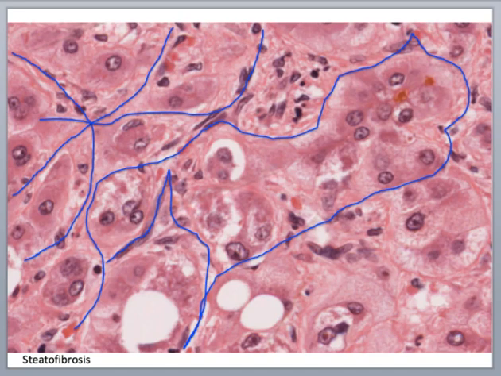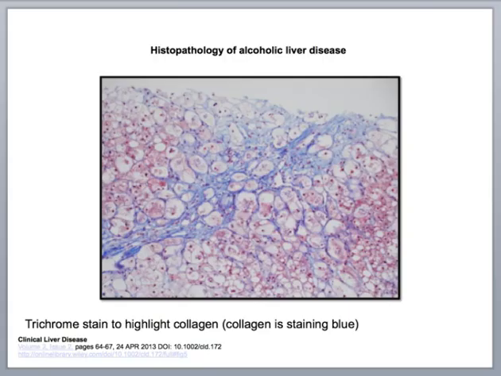This gives what was described in the notes for the study guide as a chicken fence wire type of fibrosis. So that's actually better highlighted on trichrome stain. So this is early, though prominent, alcohol-associated steatofibrosis.